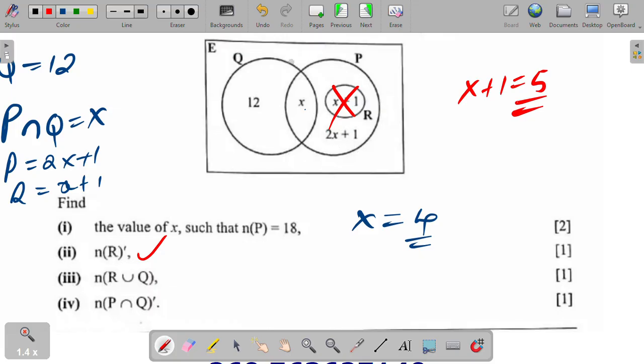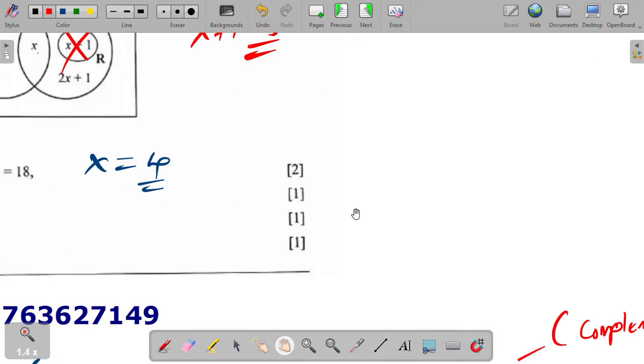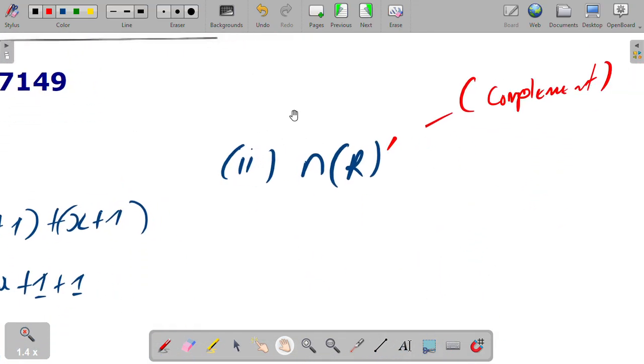Okay, we can add everything here, including the elements in R, then subtract. So let's do this so that you see the methods I'm talking about. We find the total elements here.